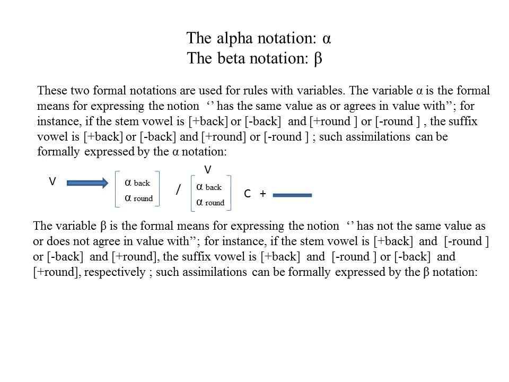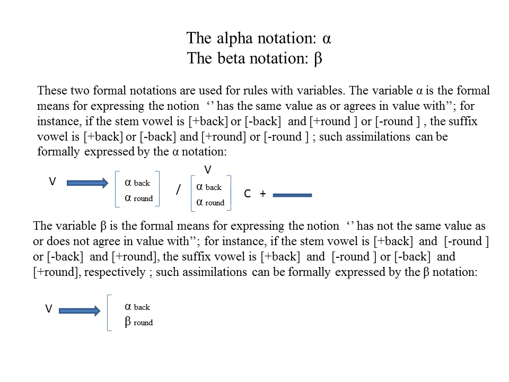That is to say, the value of the back feature does not agree with the value of the round feature. Therefore, if we use, for example, alpha back, beta round, here we mean either plus back minus round or minus back plus round.